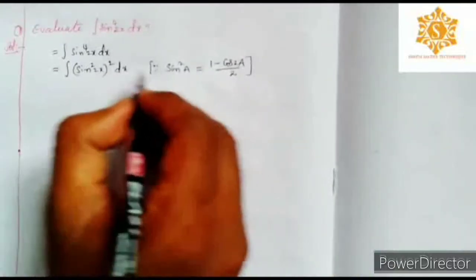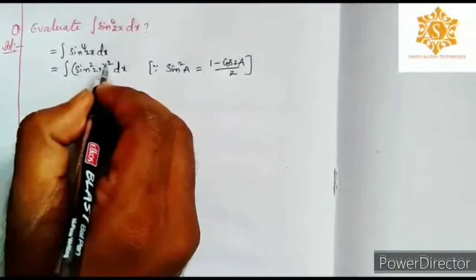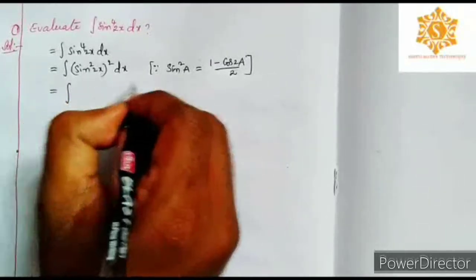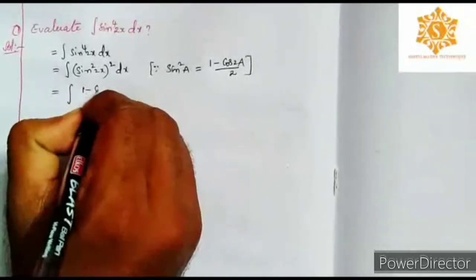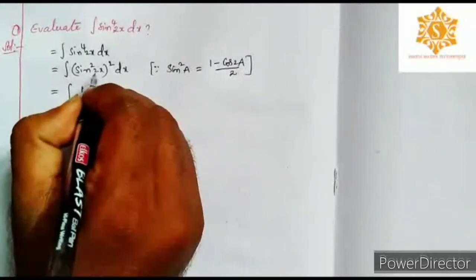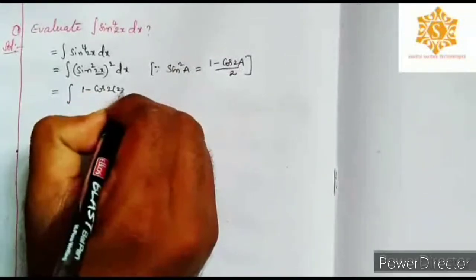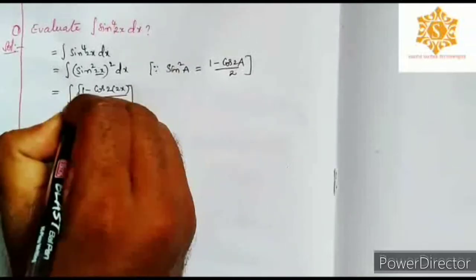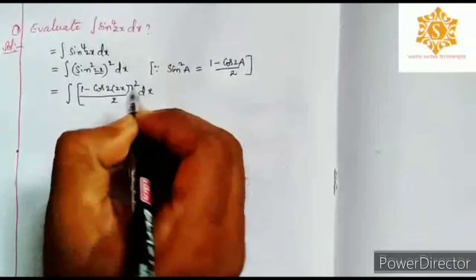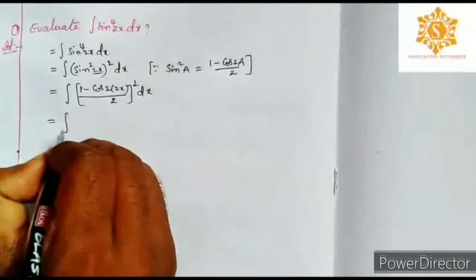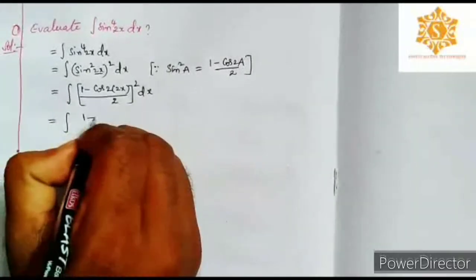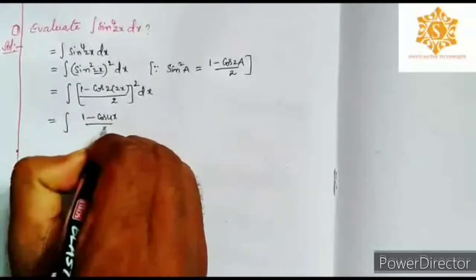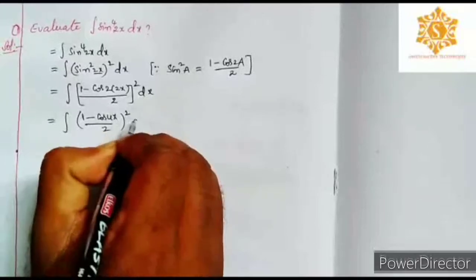Using this formula, you can write sin square 2x whole square as, so first of all sin square 2x you can write 1 minus cos 2 into, here a value is 2x, so 2 into 2x by 2 whole square into dx. So integration of 1 minus cos 2 into 2x value is cos 4x by 2 whole square dx.